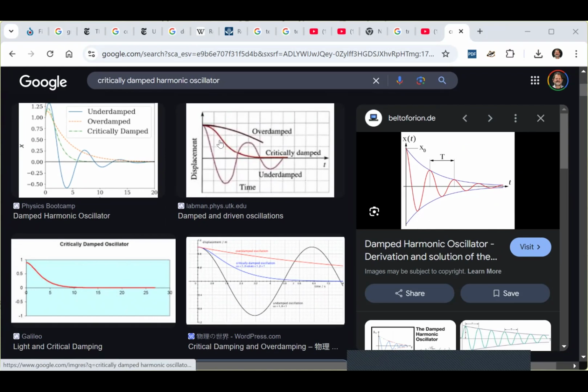This is what it would look like if it had gone back down to equilibrium, to the place where it's just hanging from the spring, but it did it in the least possible time. But this is what happened if it was too damped and couldn't return back to it. Let's stop sharing.